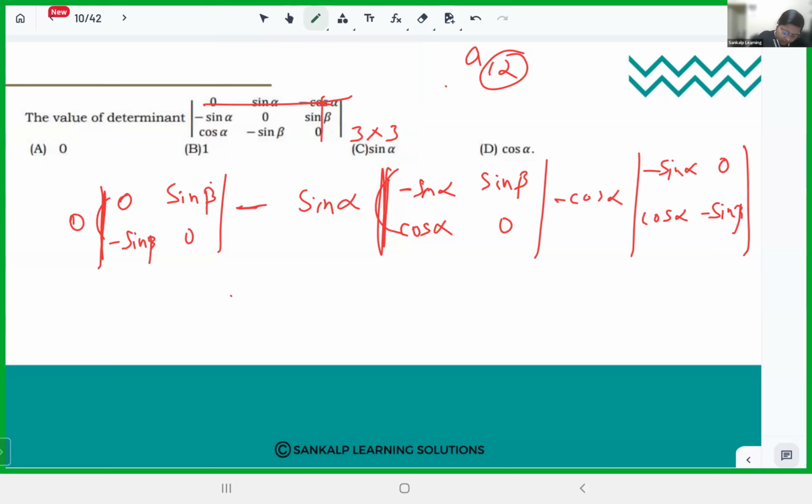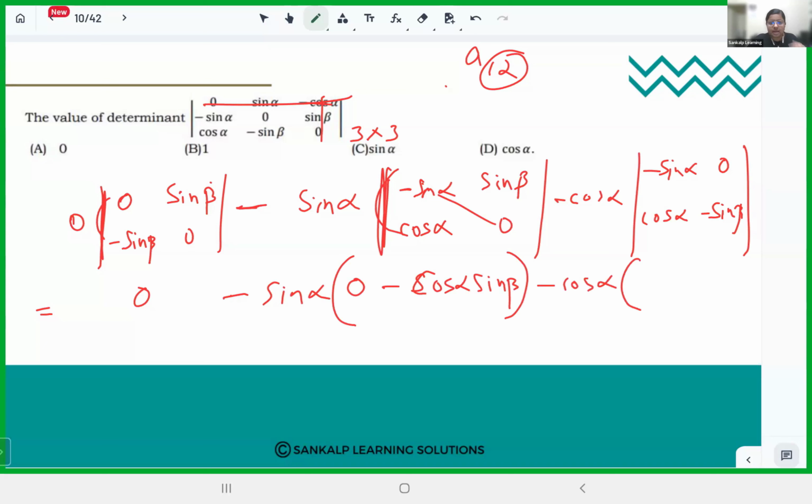Now you have to find out the determinant. This you actually don't need to find out, since 0 into any number is 0. 0 minus sine alpha into minus sine alpha into 0 is 0, minus cos alpha into sine beta. Then minus cos alpha into this one, minus sine alpha into minus sine beta means sine alpha sine beta.